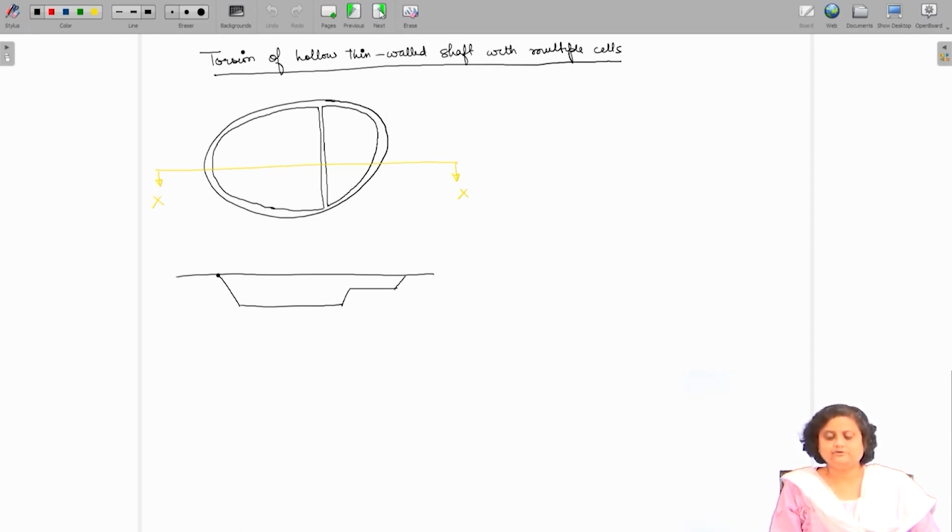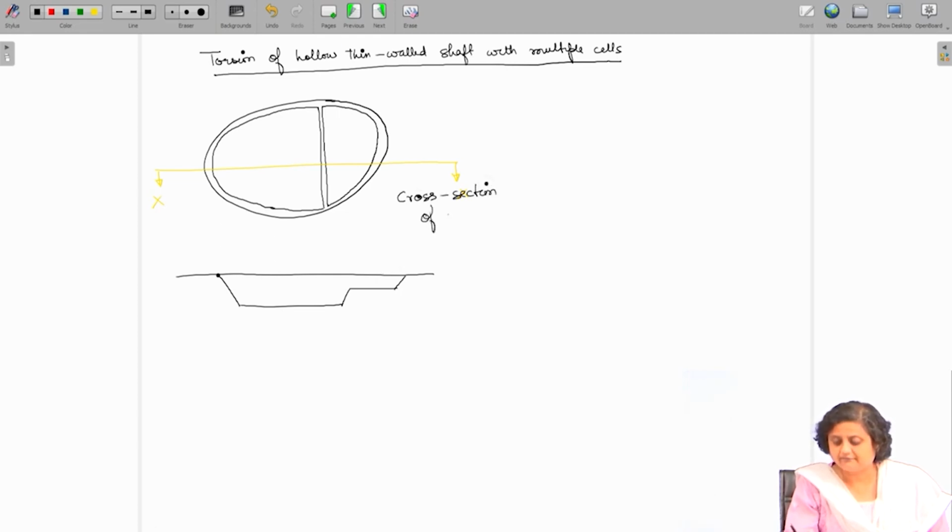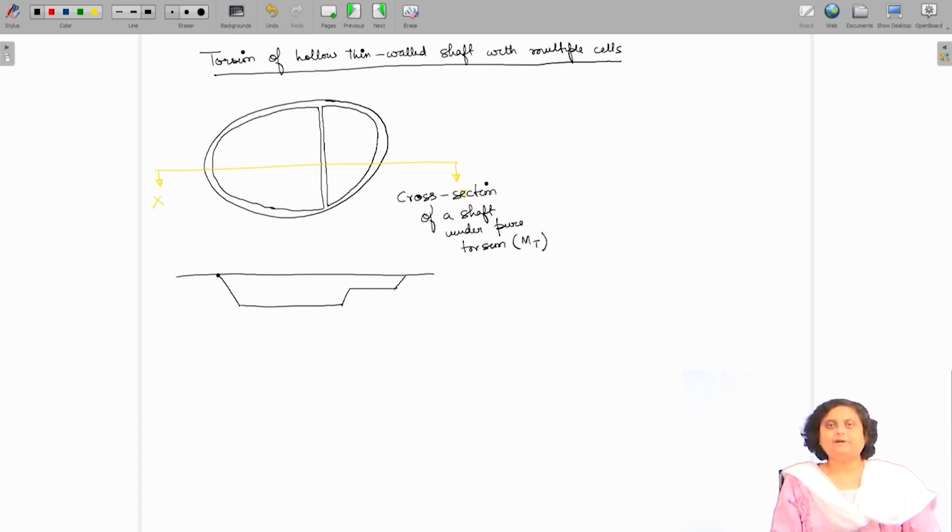So, the top figure is the cross section of a shaft under pure torsion. Let the torsional moment be MT. Now, it has two cells instead of all the previous cases where we have dealt with only one cell. This one has two cells.